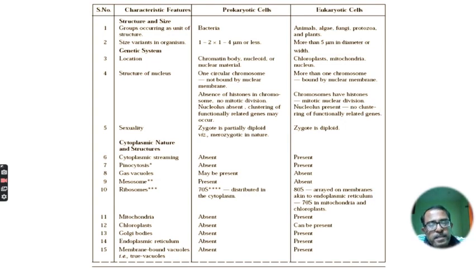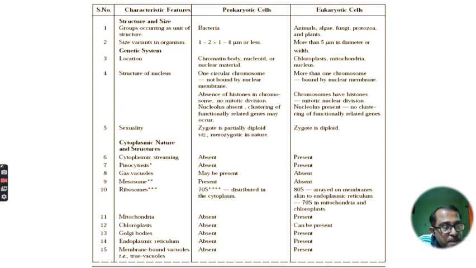In case of prokaryote, there is absence of mitochondria, but in case of eukaryote, it is present. Chloroplast is absent in prokaryotic cell, but it is present in eukaryotic cell, particularly in the algae and the plants.